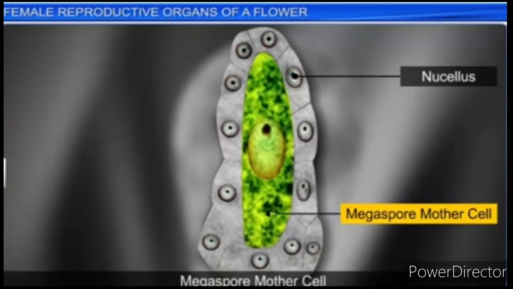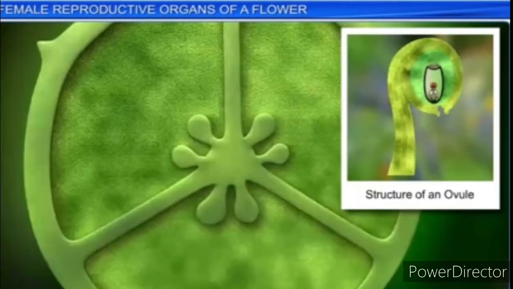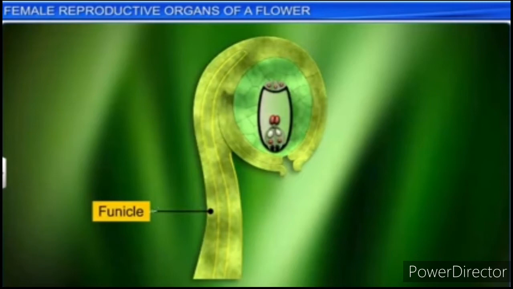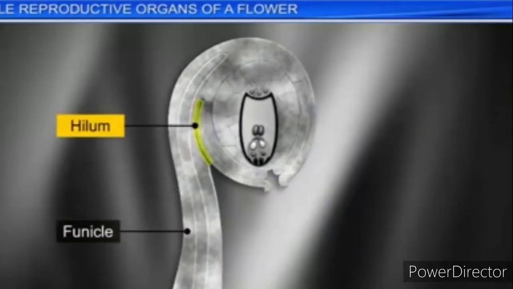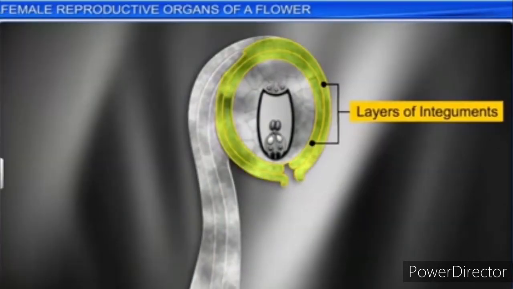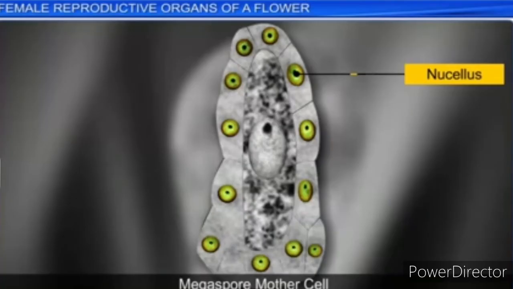Now we will see one more time the structure of the ovule. First part, the funicle, the stalk of the ovule. Second, hilum, the region between the funicle and the body of the ovule. Then the integuments, covering the nucellus, outer integument and inner integument. Then the fourth portion, nucellus, the thin-walled parenchymatous cells, a nourishing tissue that covers the embryo sac.